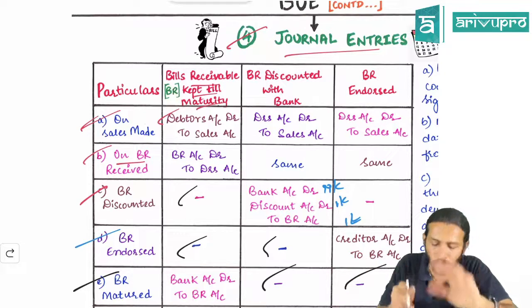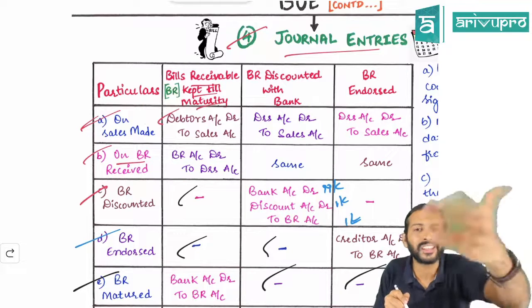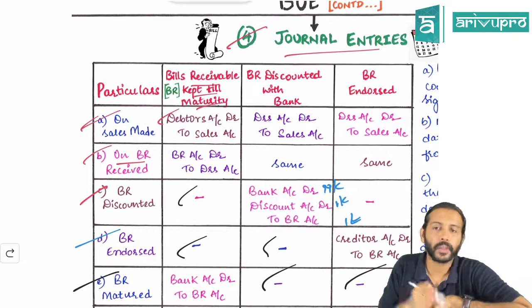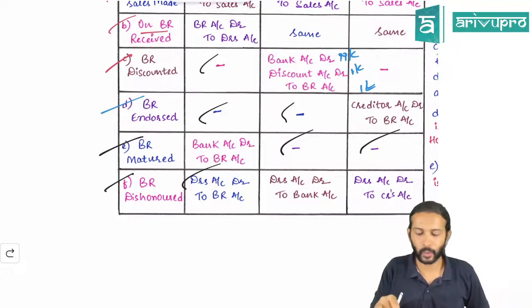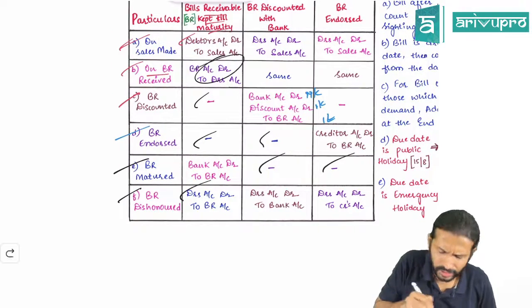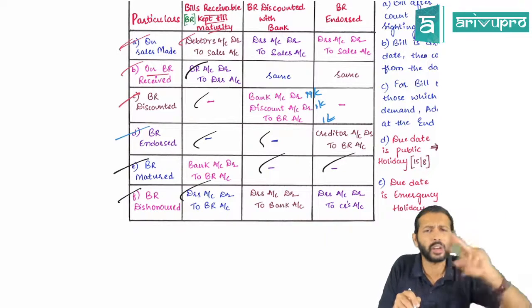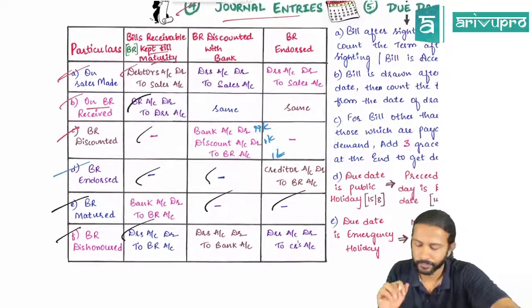So when you receive the bill, you pass bill receivable account debit to debtors. When it is dishonored, what is the ulta entry of this? Debtors to bill receivable. Whatever you have done, undo. When you received, you pass bill receivable to debtors. When it is dishonored, ulta entry: debtors to bill receivable. That's it.